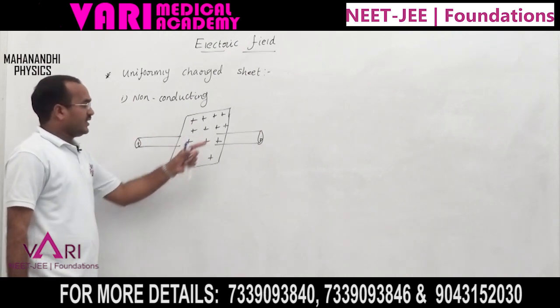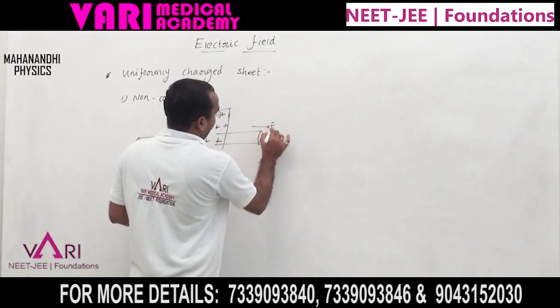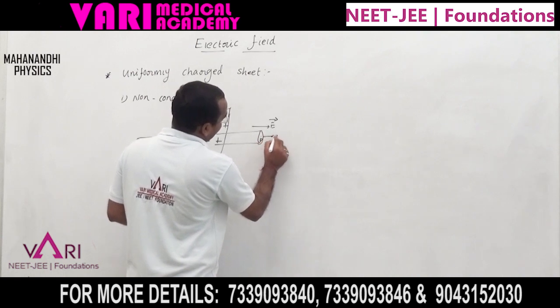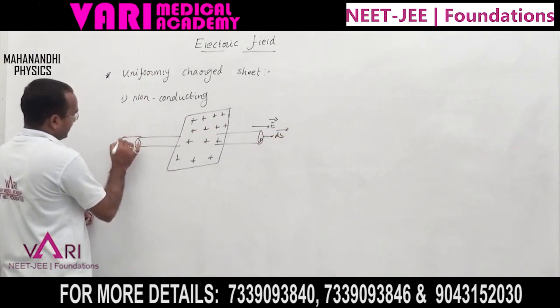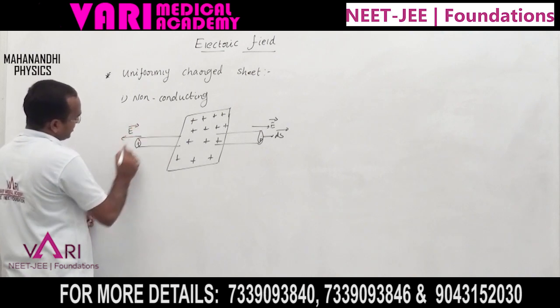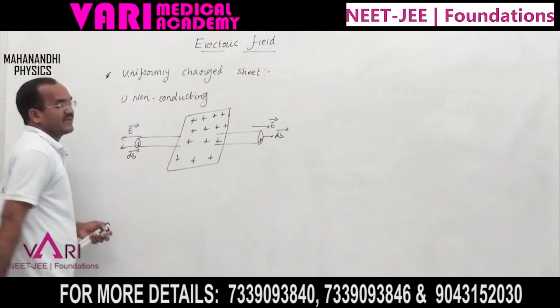Here the electric field lines are in the outward direction and the area vector ds bar is also outward. The same holds on the other side.